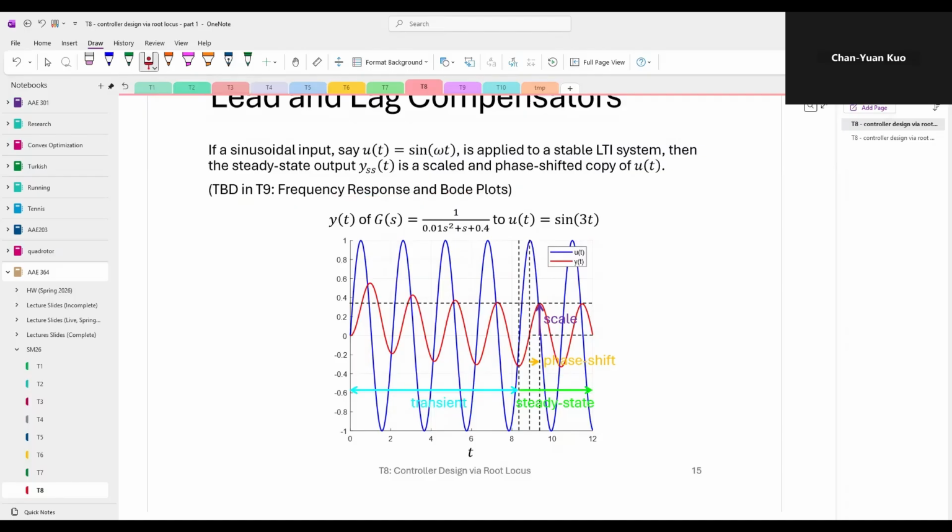For now, just take the following result for granted. When a sinusoidal input is applied to a stable LTI system, the steady-state output is still going to be a sinusoid. However, its amplitude may change, and it may also be shifted forward or backward in phase.